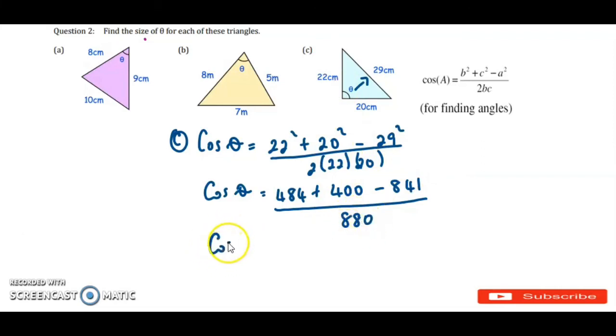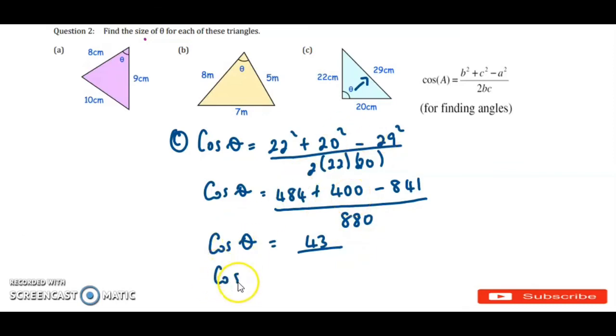So we have cos theta is equal to 484 plus 400, that is 884. And when you take away the 841 from it, you're going to get 43. So we have 43 divided by 880.